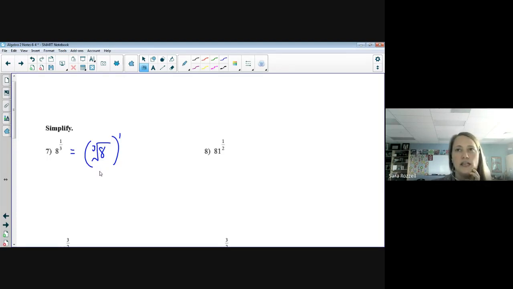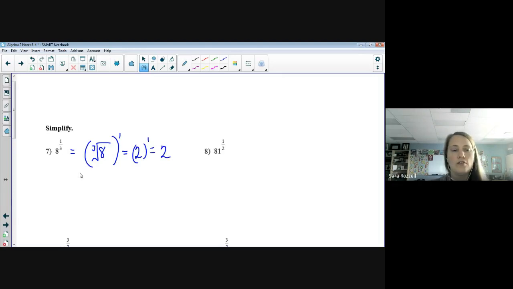Now we just do what's on the inside first, like we're doing order of operations. What is the cubed root of 8? Remember what cubed gives us 8? Our perfect cubes? 2. Good. So the cubed root of 8 is 2. What is 2 to the first power? 2.